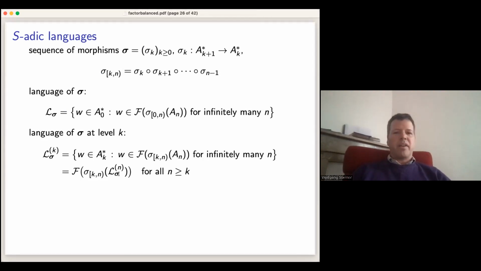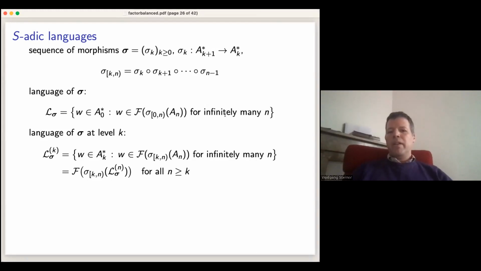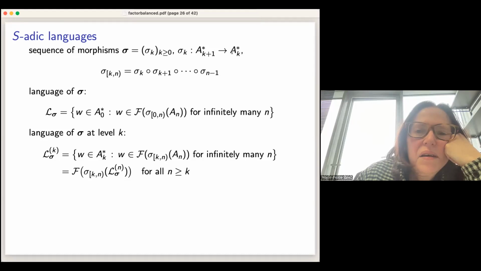You also have to be careful a little bit. Of course, you can just assume from the beginning that all the sigma k's are defined in a way that all letters of Ak appear in the images, because otherwise you just remove the letters that don't appear in the images, so you remove some useless words. Otherwise, if infinitely many n is not the same as for some n, then it just means that you have some letters in some alphabet Ak that are useless. Okay. Thank you.